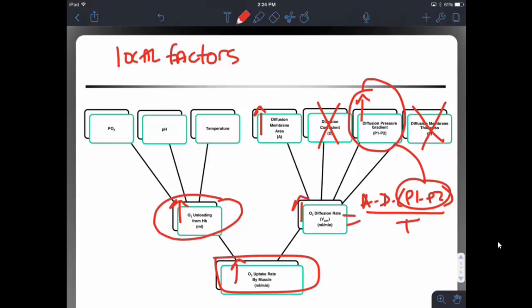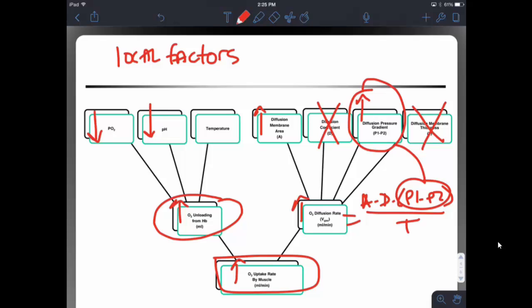Does it need unloading? The local factors which would increase unloading would be a low PO2. If the muscle is working, it's using a lot of oxygen, the PO2 is low, and therefore we need to unload more in order to take up more. Another factor that affects unloading would be lower pH levels, another sign that that cell is working. As a cell is working, it's producing more lactic acid, and it is also producing more CO2.